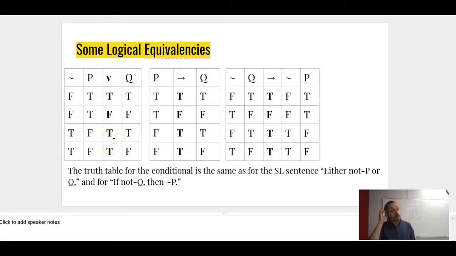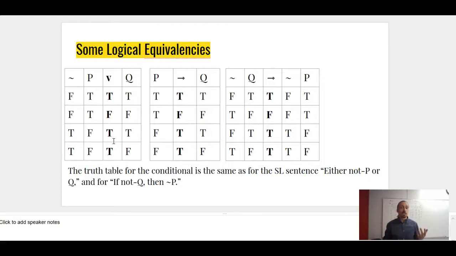So it's really interesting, which kind of makes sense. If you think of the conditional as saying, if P is true, then Q will also be true, the disjunction is saying, look, two things could happen, or both of them. Either not P is true, or Q will be the case. And that works out to be the same thing.